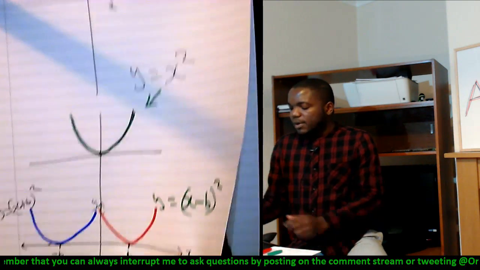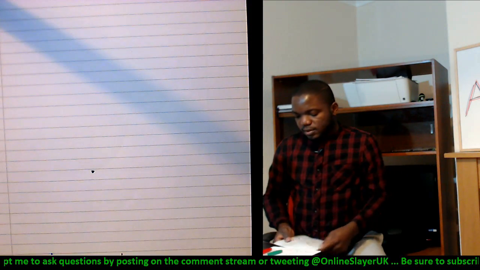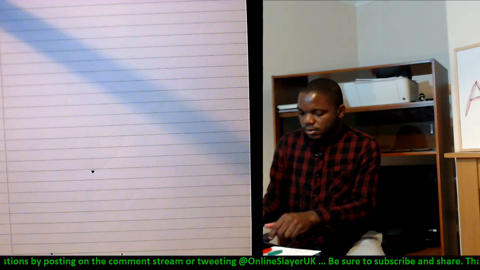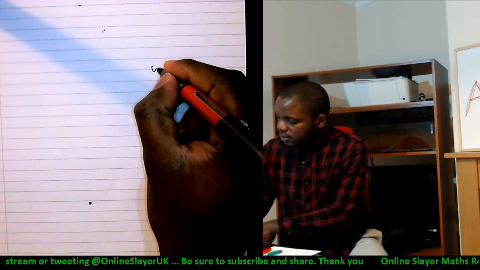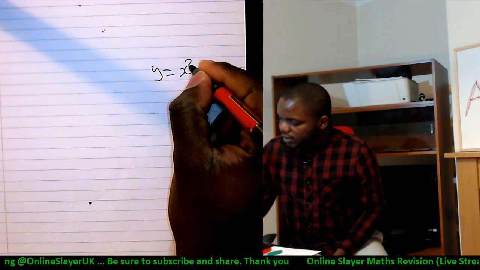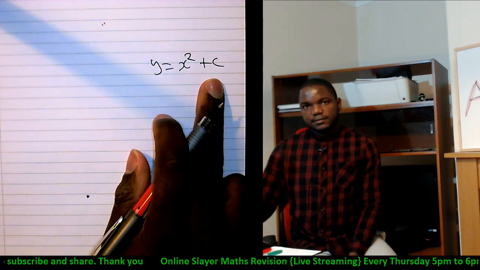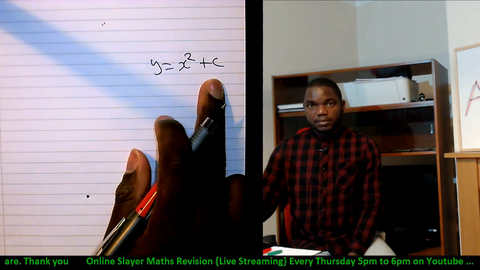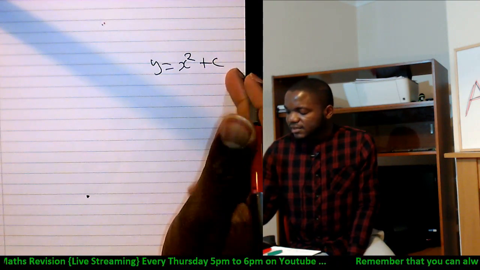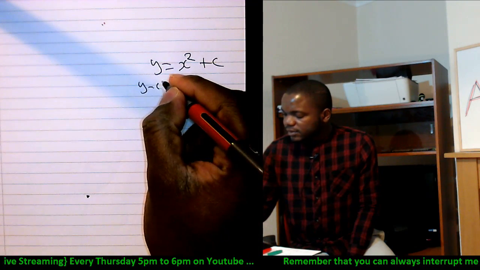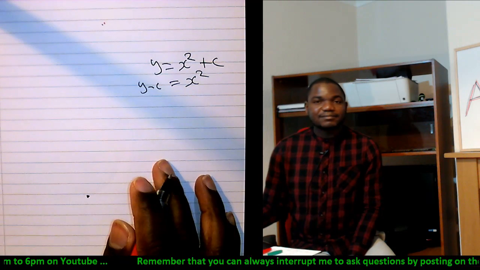Now, what about when you have y equals x squared plus c? Let's see the effect of this c in the completing the square problem. Do you realize that y equals x squared plus c is the same thing as y minus c equals x squared?